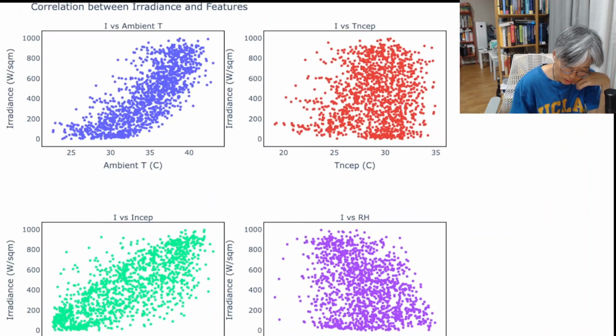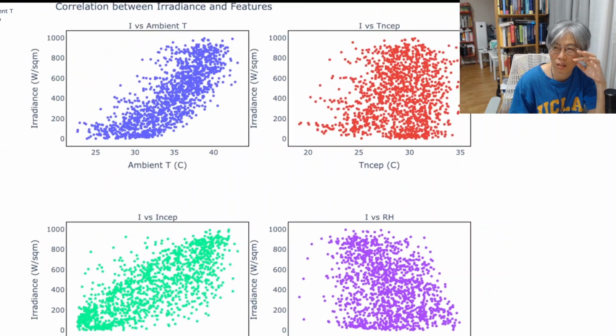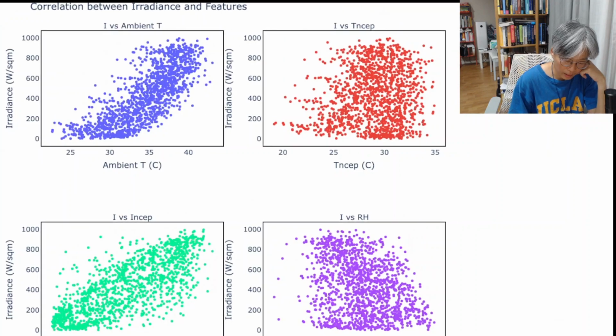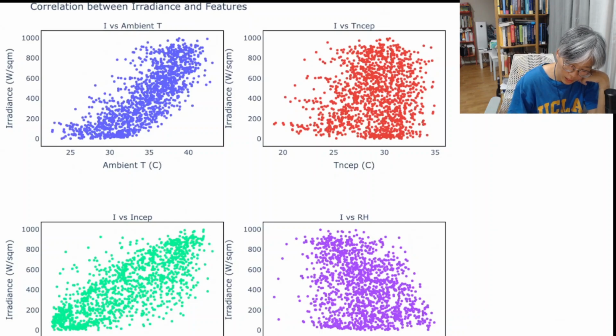We plot I irradiance on the y-axis because it's the response, and ambient temperature. You can see that there's a clear trend. And this is the temperature from NCEP, from the NWP model. You can see that the scatter is all over the place, so it means that it has less correlation.